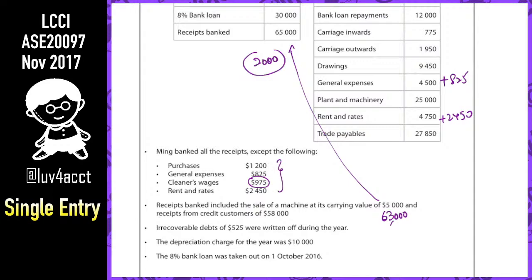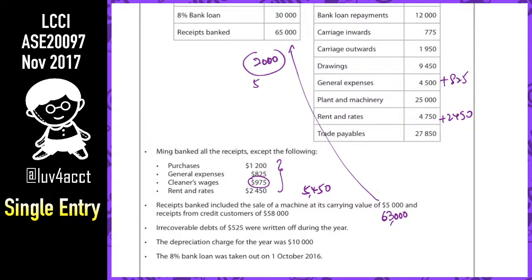Okay, but then here we still have 1,200, 825, 975, 2,450. These 5,450 is unbanked revenue. So our first item, we have to calculate cash sales.